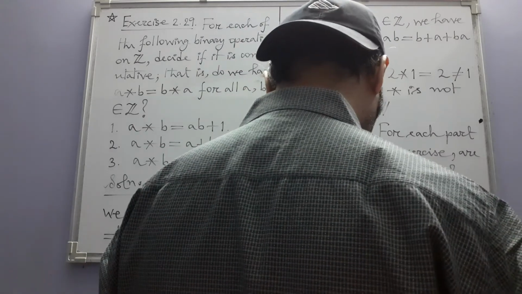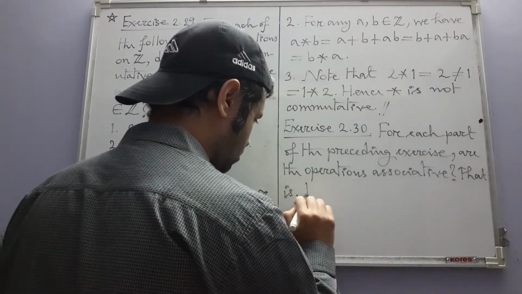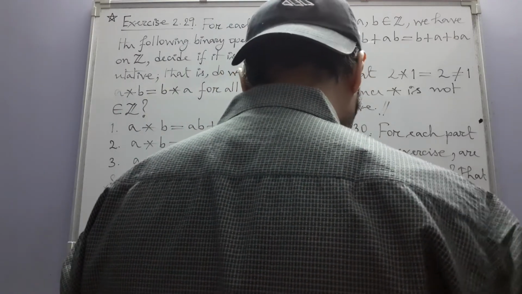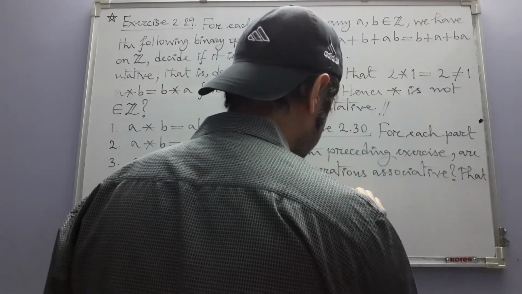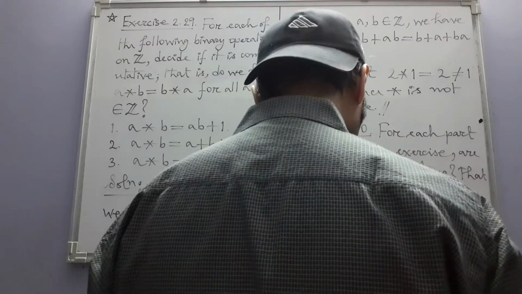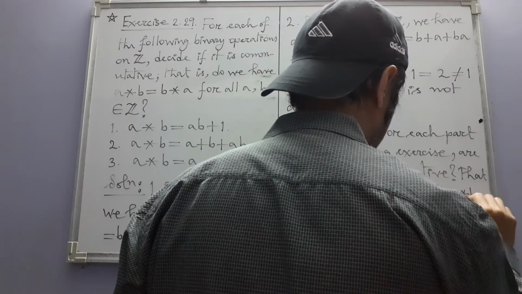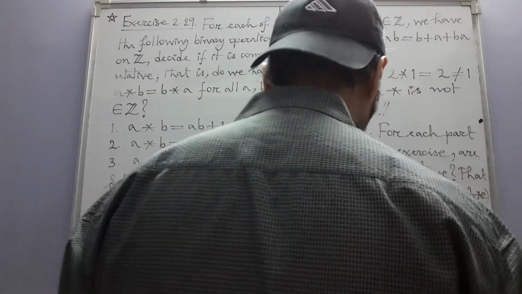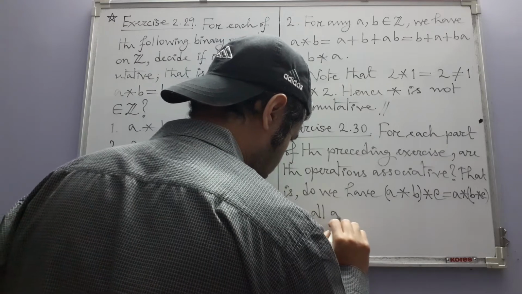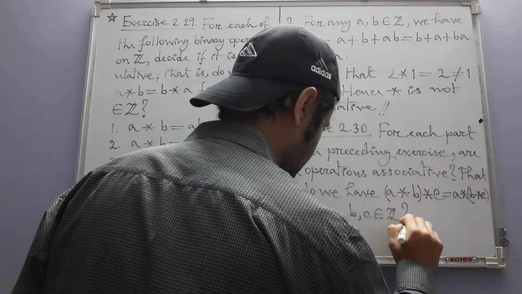That is, do we have A star B star C equal to A star B star C for all A, B and C belonging to the set of integers?